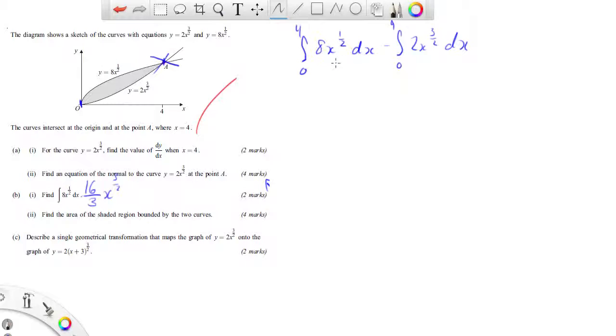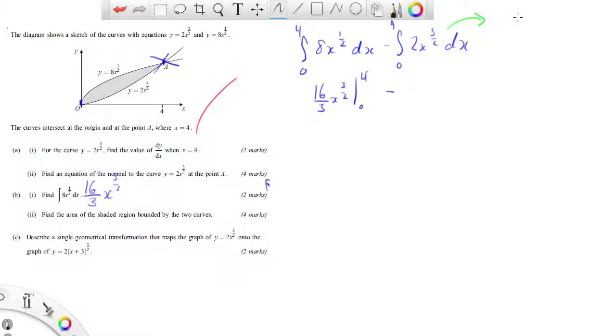And so we can integrate both of these. So 8x to the 1/2, we already did that, so that is 16 over 3 x to the 3/2, and we can evaluate this from 0 to 4, and we're going to be subtracting the values here. So if we integrate this, which I don't think that we did, I will do this off to the side real quick in green.